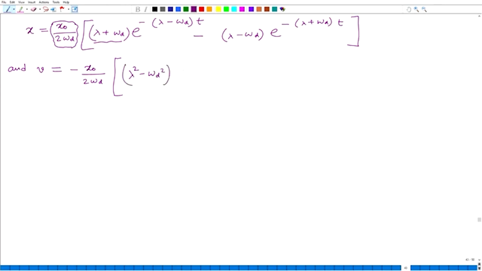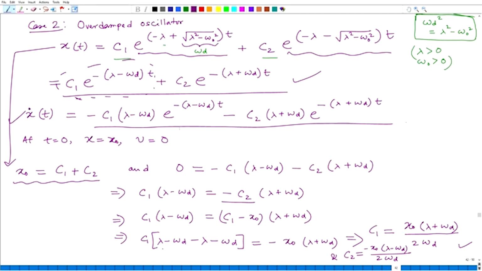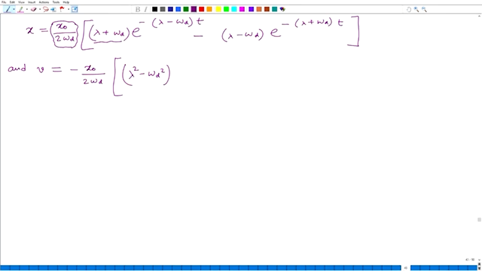Here also you are just putting the values of C1 and C2 in this expression, and the best thing is to check by yourself: e to the minus (lambda minus omega d) times t minus (lambda square minus omega d square) e to the minus (lambda plus omega d) t.